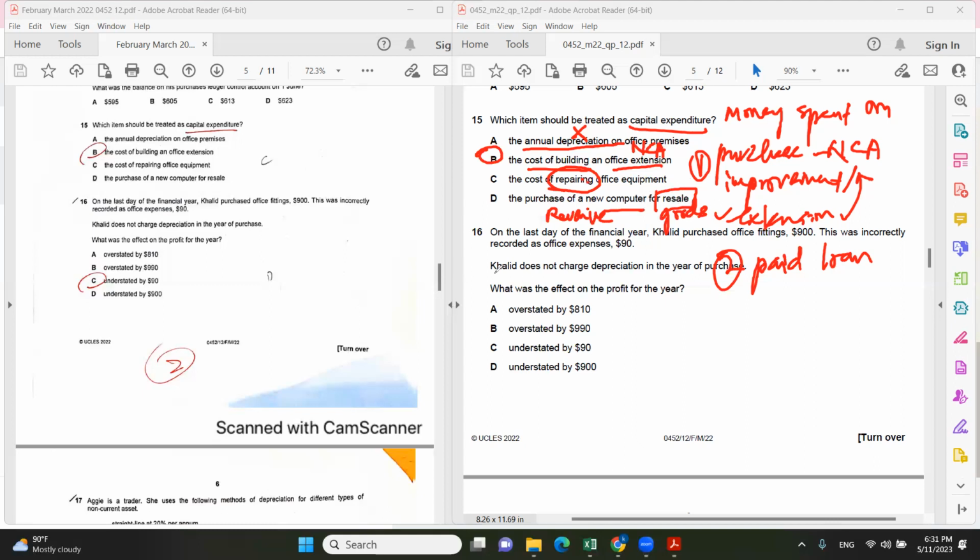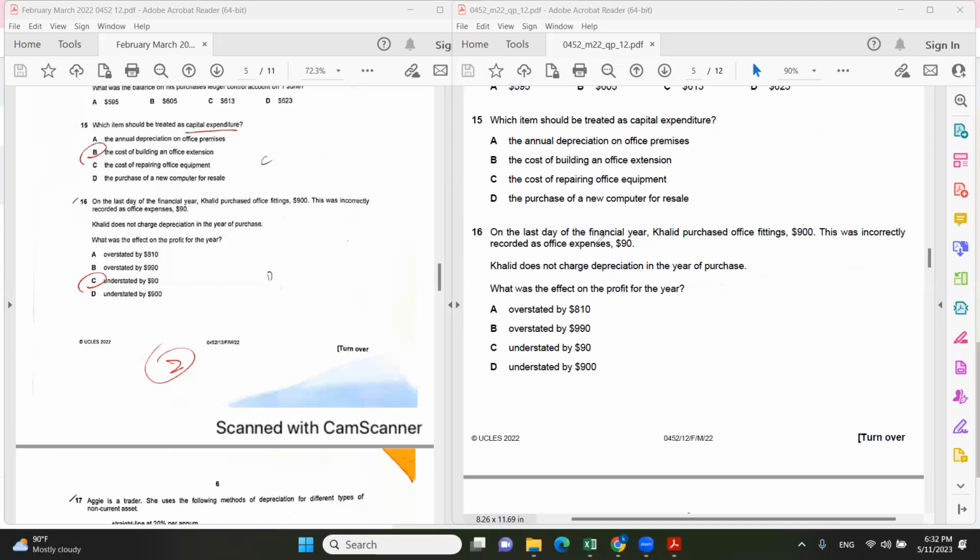Okay, next is question 16. On the last day of the financial year, Khalid purchased office fittings for 900. This was incorrectly recorded as office expenses, but it is a non-current asset. That means expenses are overstated and non-current assets understated. Khalid does not charge depreciation in the year of purchase.